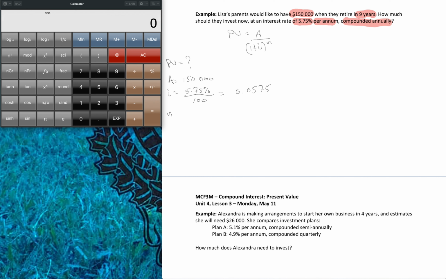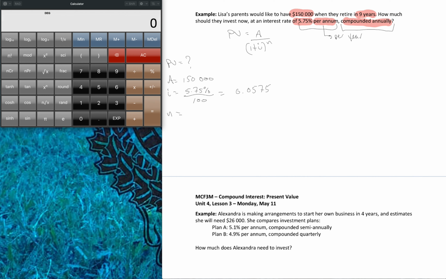And then n is equal to the number of compounding periods. Well, we're going to see it's compounded annually, and they're only earning this 5.75% per annum, which means per year.